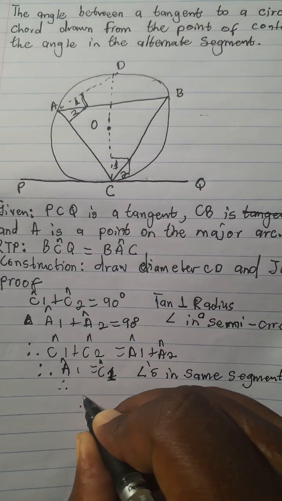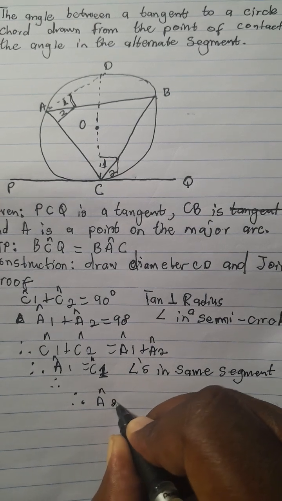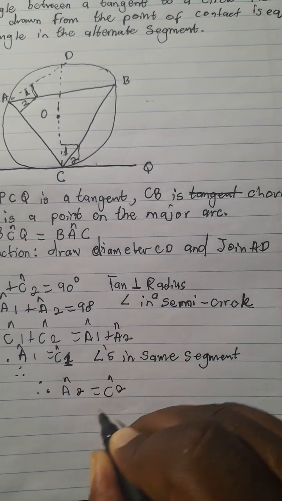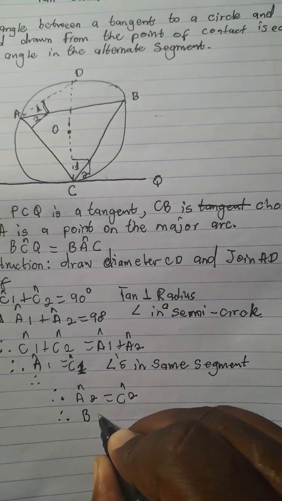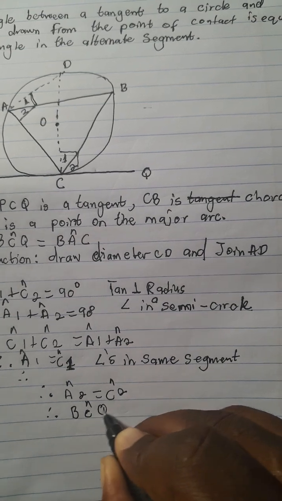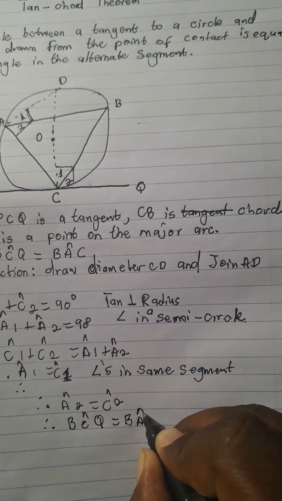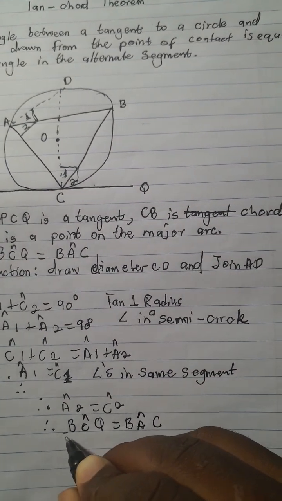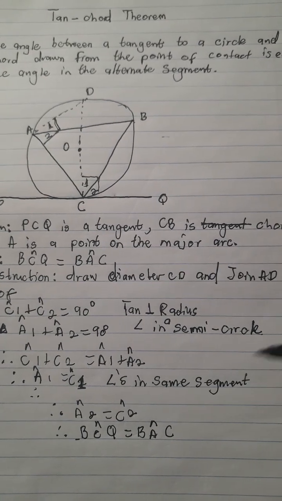Therefore, we could say, angle A2 is equal to angle C2. Therefore, this means that angle BCQ is equal to angle BAC. So they are equal. We have proven this theorem, guys.